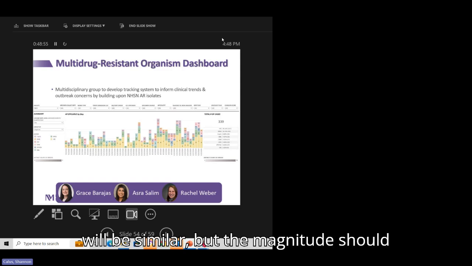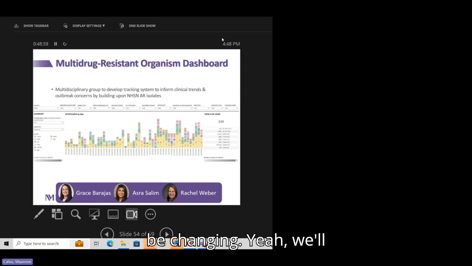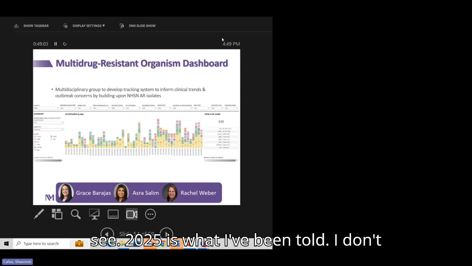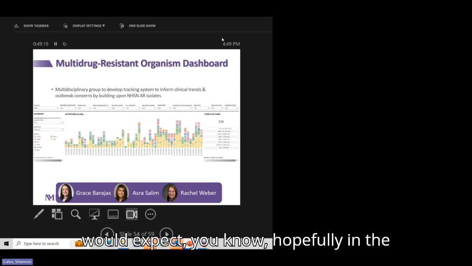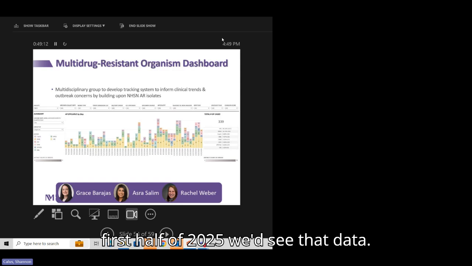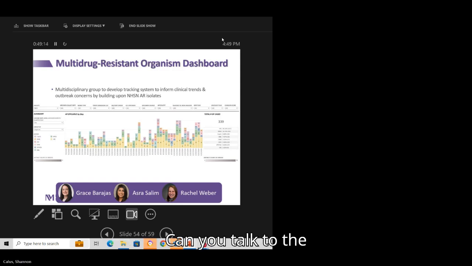I'd expect most of them will be similar, but the magnitude should be changing. Yeah, we'll see. 2025 is what I've been told. I don't know when the 2017 ones came out in terms of which calendar month, but hopefully in the first half of 2025, we'd see that data. You're talking about the rebaselining? Yeah.